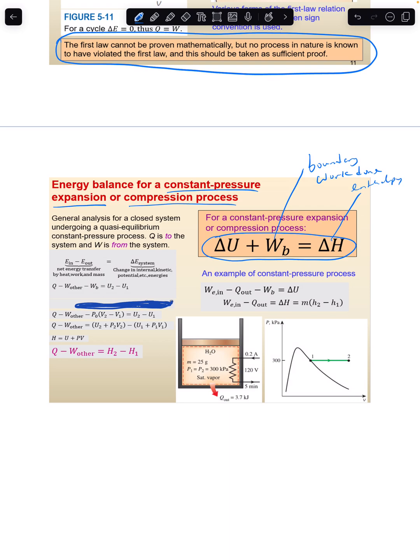and actually it is the change in enthalpy, and this is actually a very interesting process, which is the change of energy.